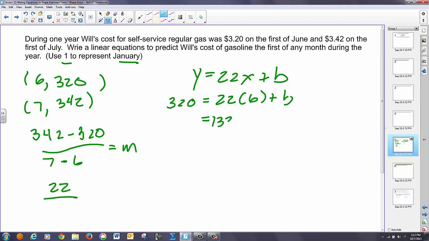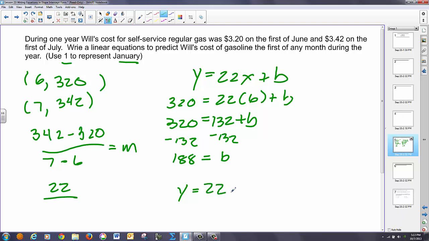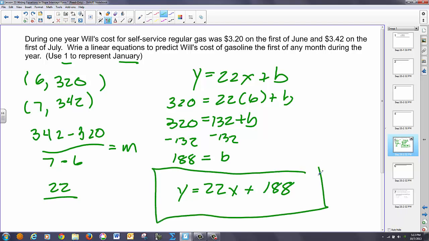So 132 plus b is equal to 320. Subtract 132 from both sides. We get b is equal to 188. So y equals 22x plus 188. And that's our equation.